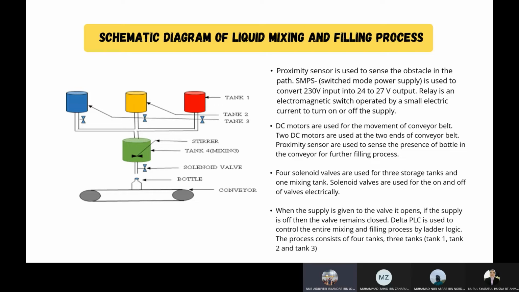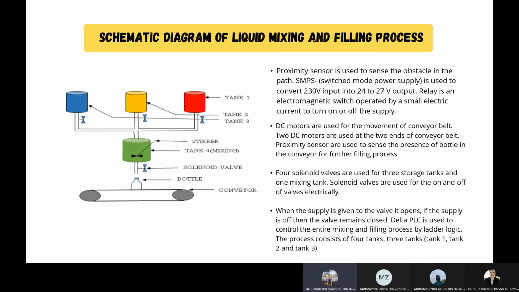Proximity sensor is used to sense the obstacle in the path. SMPS, switch mode power supply, is used to convert 230 volt into 24 to 27 volt output.